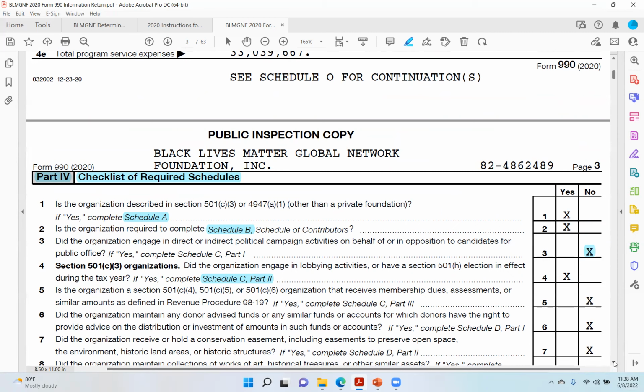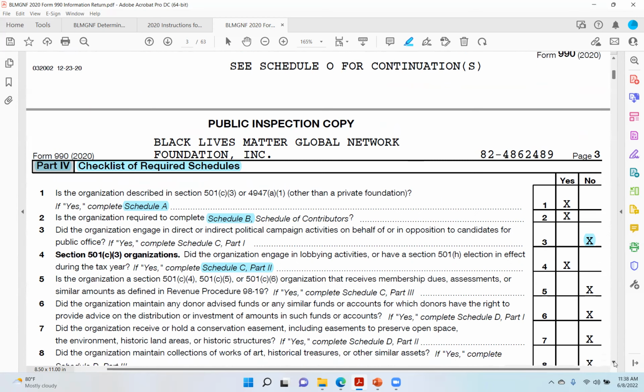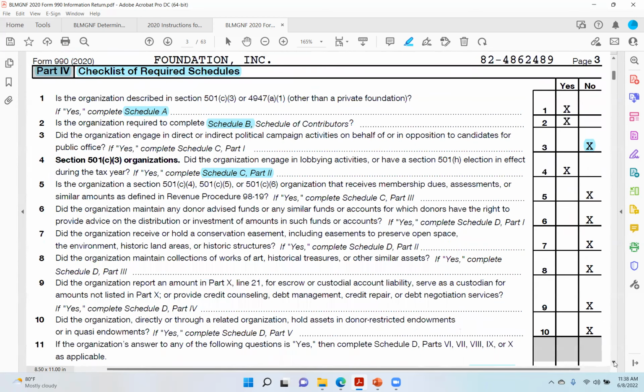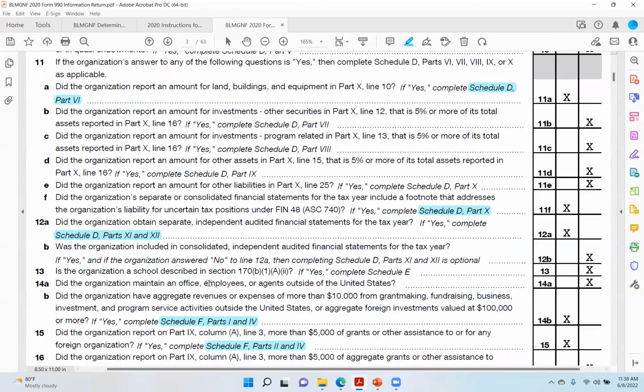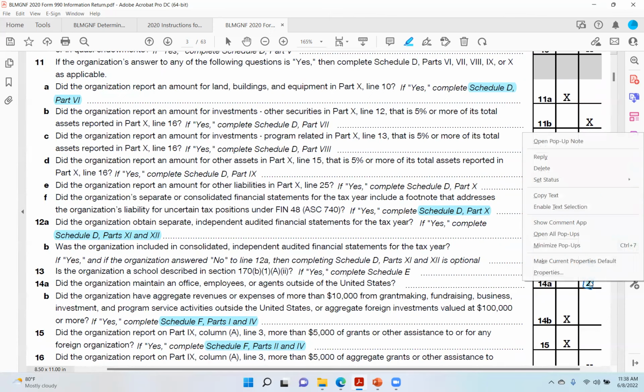Okay, the next red flag, I have 4 red flags. The next red flag was down to 14. 14A, did the organization maintain an office, employees, or agents outside of the United States? Yes, they did in Canada. So that's a red flag. That's incorrect. What am I going to do with these red flags? You may be wondering.